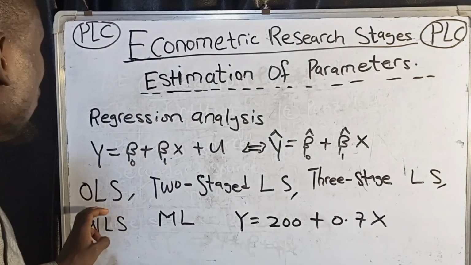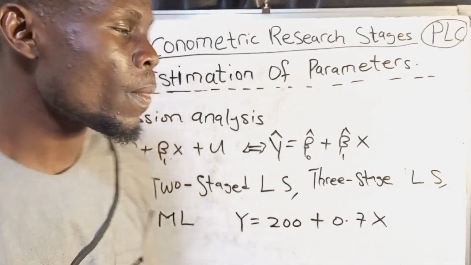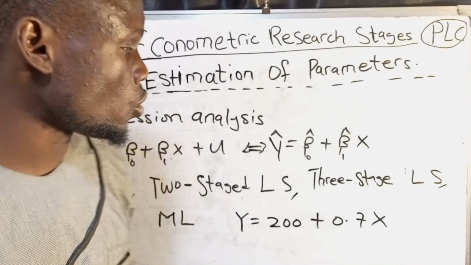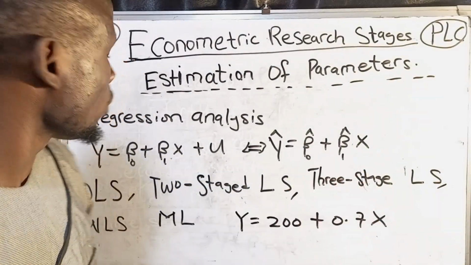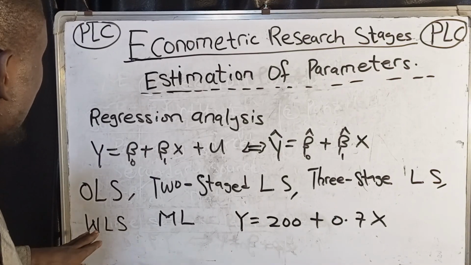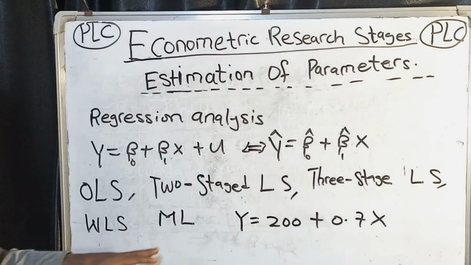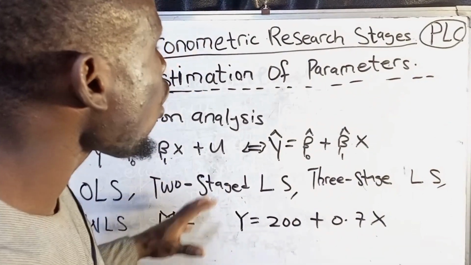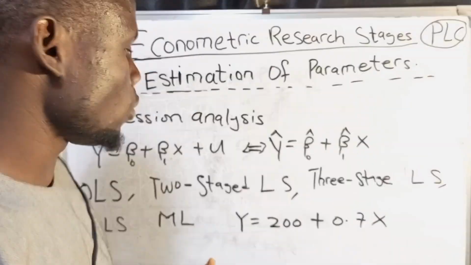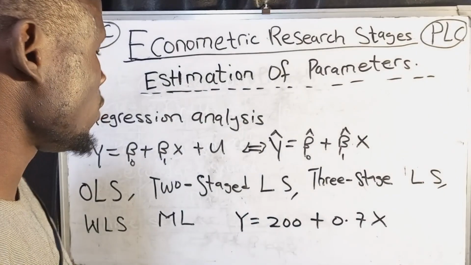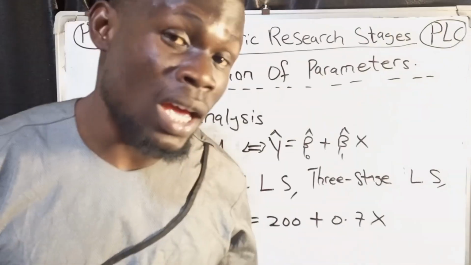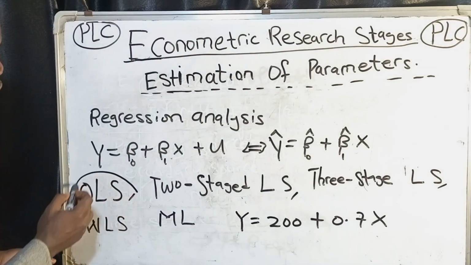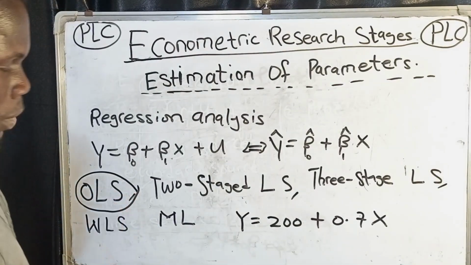We have the ordinary least square method, the two-stage least square method, the three-stage least square method, the weighted least square method, the maximum likelihood method, and there are more methods used in econometrics estimation. In this econometrics series, we are focusing our discussion mainly on the ordinary least square method.